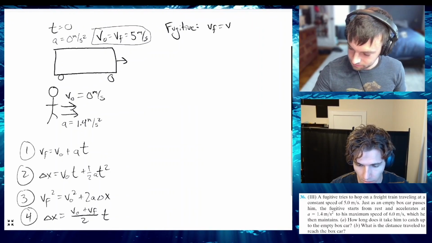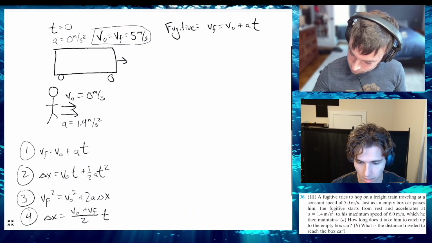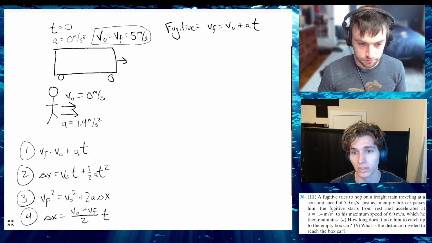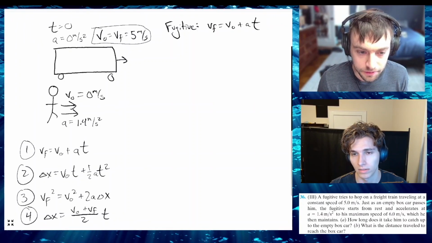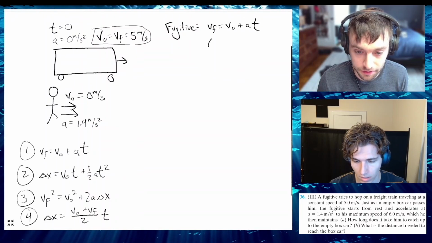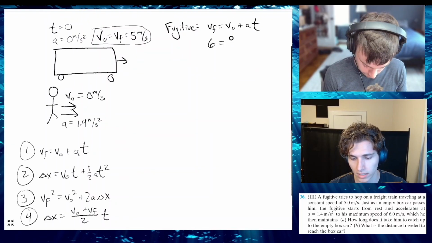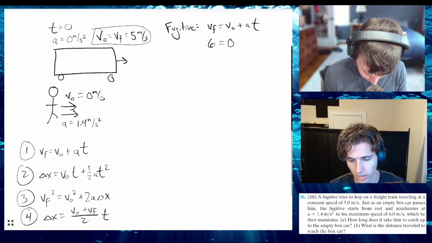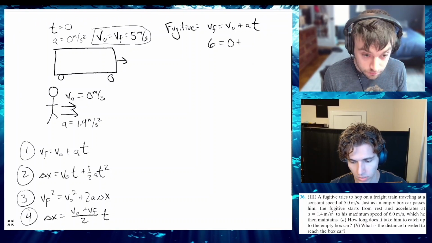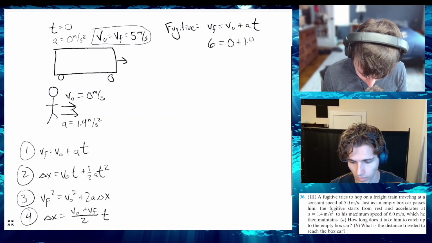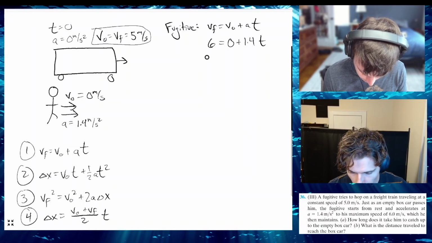V final equals v initial plus at. What's the final velocity that we're considering here? The final would be 6 meters per second. Nice. We have 6 equals the initial 0 plus the acceleration, which is 1.4 meters per second squared. Go ahead and solve for that time.